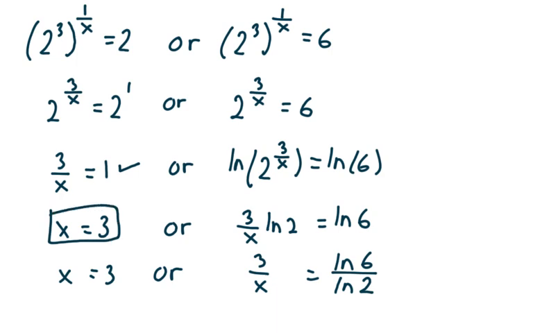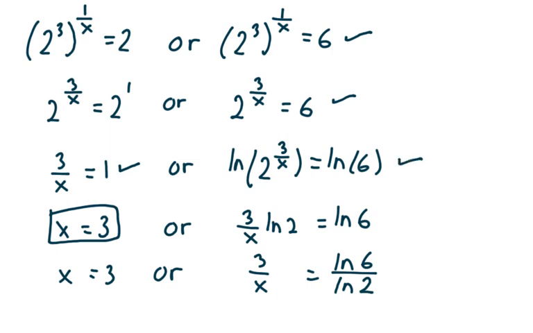And if 2 to the third to the 1 over x equals 6, we can say 2 to the 3 over x equals 6. And I'm going to take the natural log of both sides. So natural log of 2 to the 3 over x is equal to natural log of 6, right?